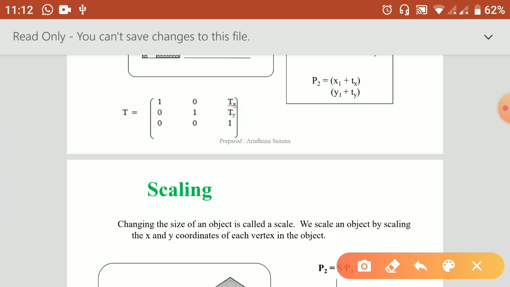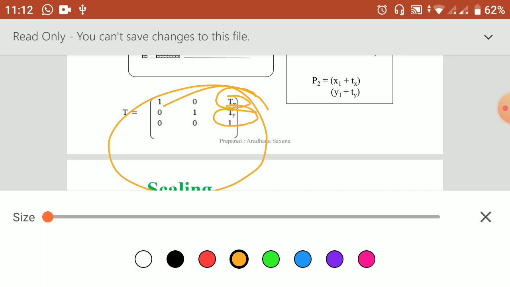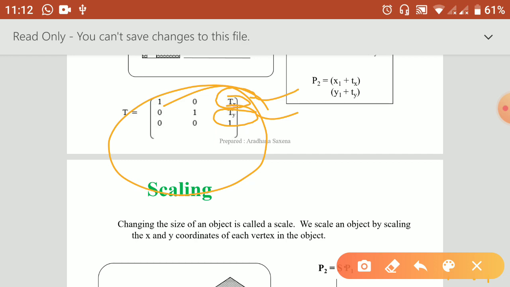For example, the object is translated by tx in the x direction and ty in the y direction. This is the matrix we will use to solve numericals. If we have a value of tx as 2 or ty as 3, then we will put it accordingly in the matrix.